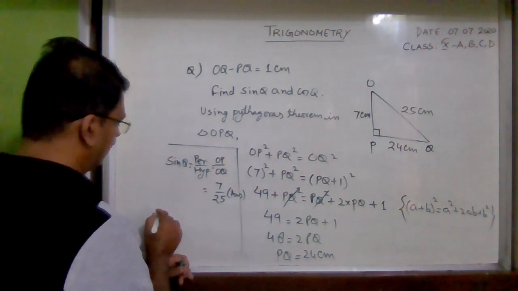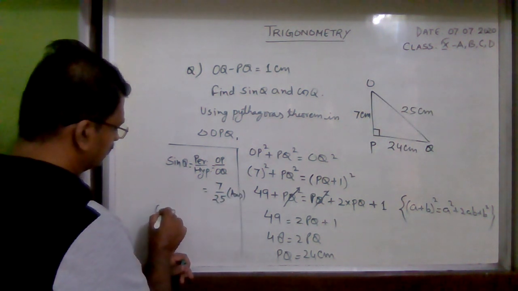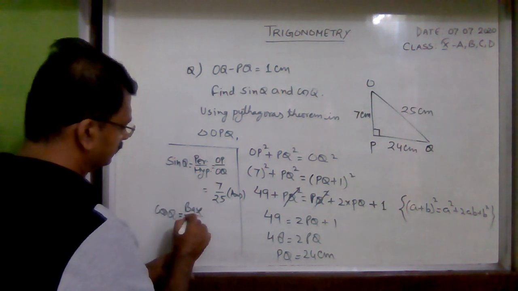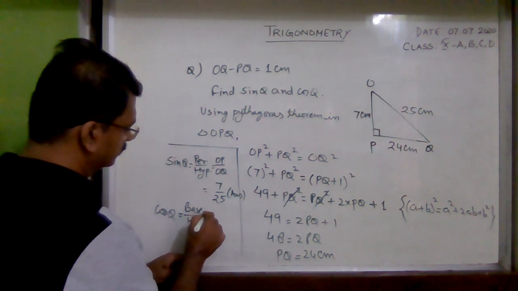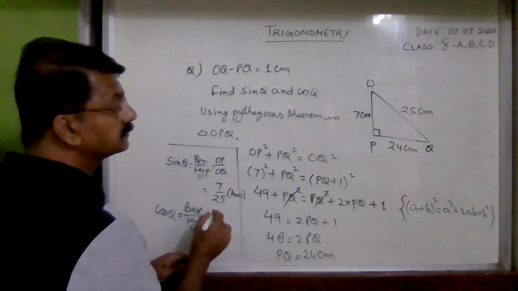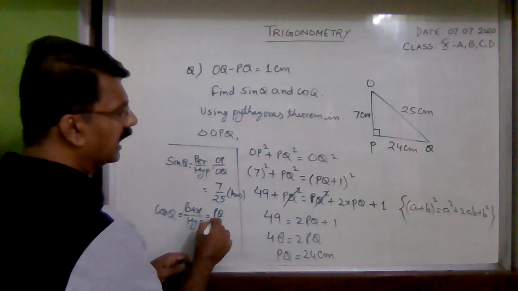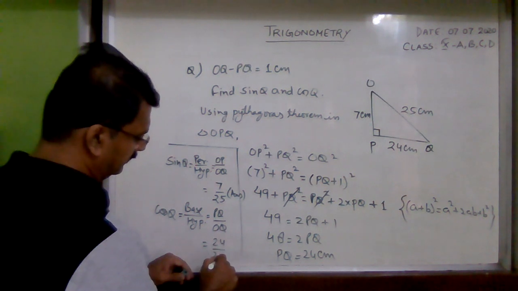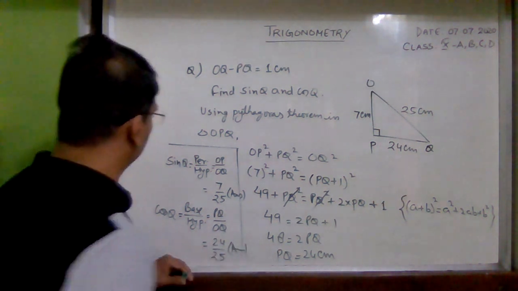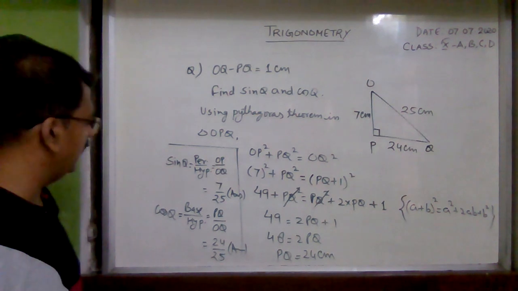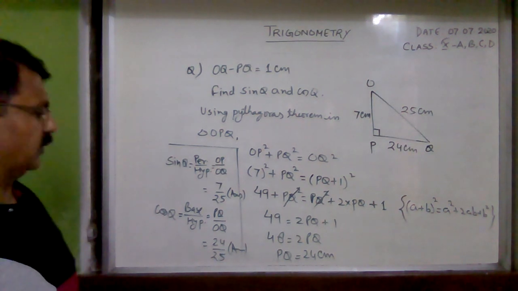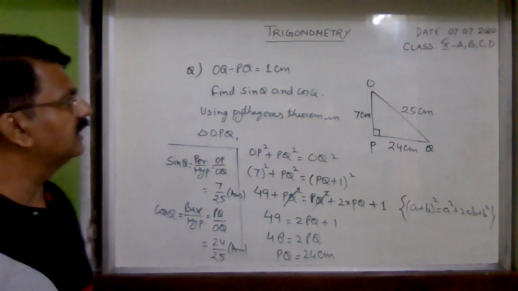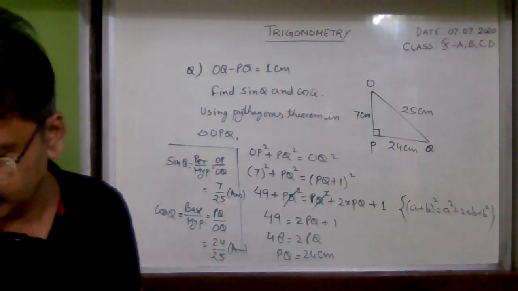And cos Q is base upon hypotenuse, that is PQ upon OQ, that is 24 upon 25. So sin Q is 7 upon 25 and cos Q is 24 upon 25. That is your answer. Okay, so we'll go to the next question.